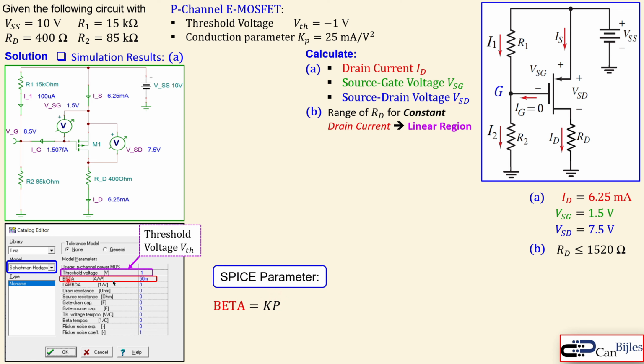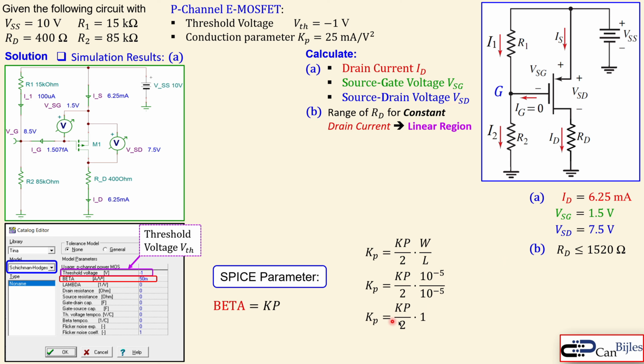So Kp, K sub p, is equal to beta over 2 times the W over L. The W and the L are the width and the length of this MOSFET. That is by default 10 micrometers, so we can just use that, but the ratio here is now 1.